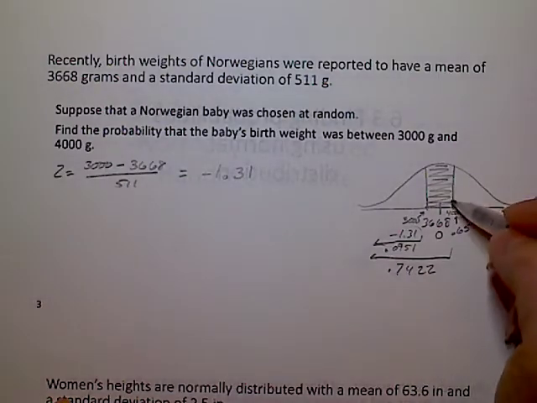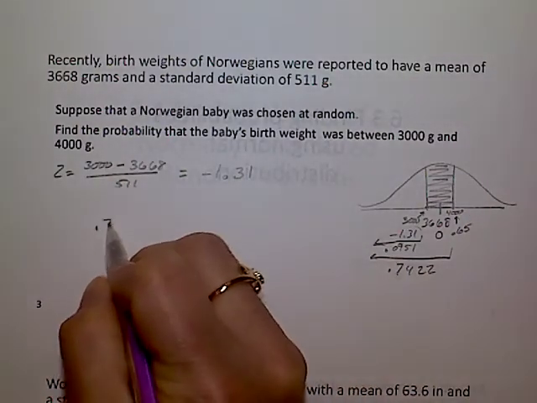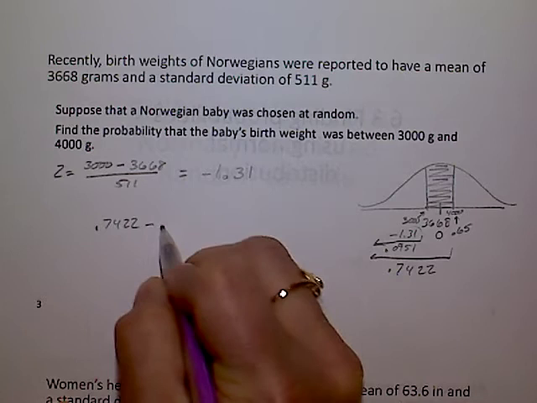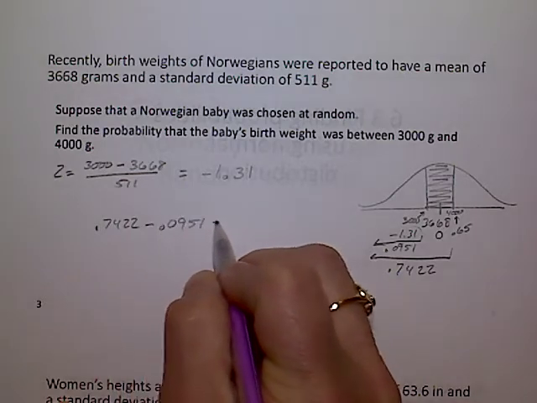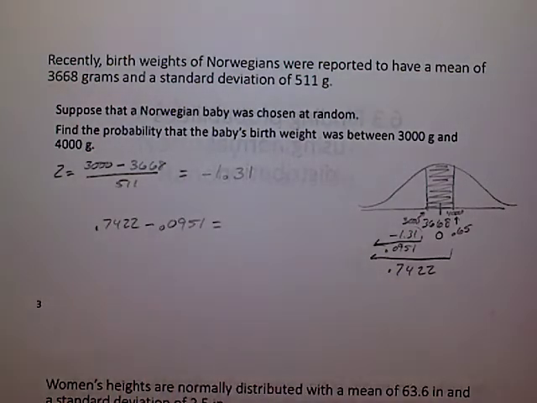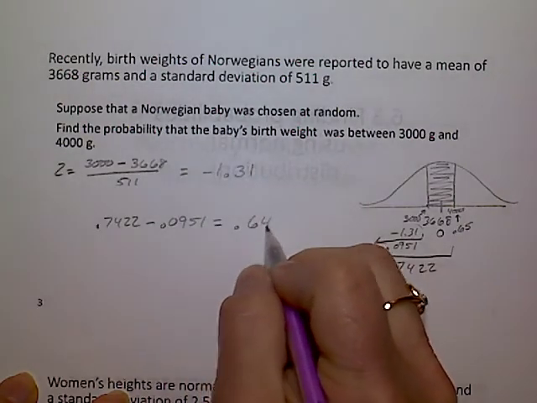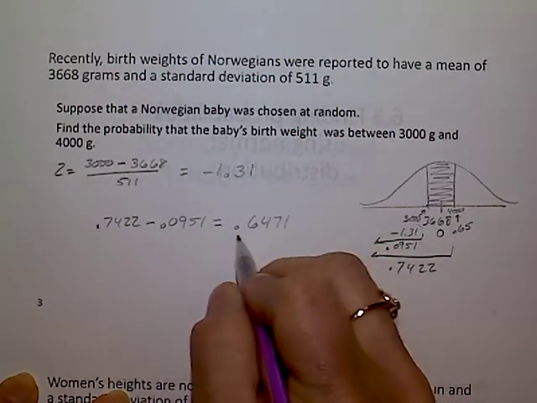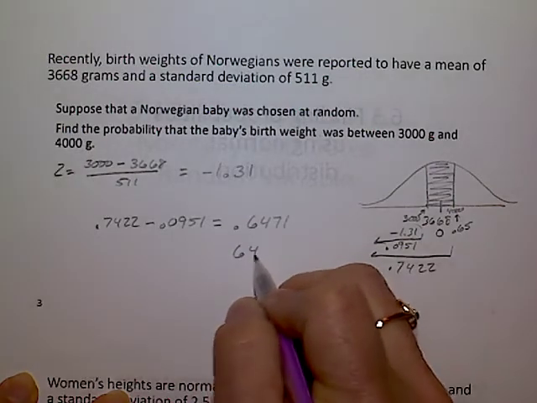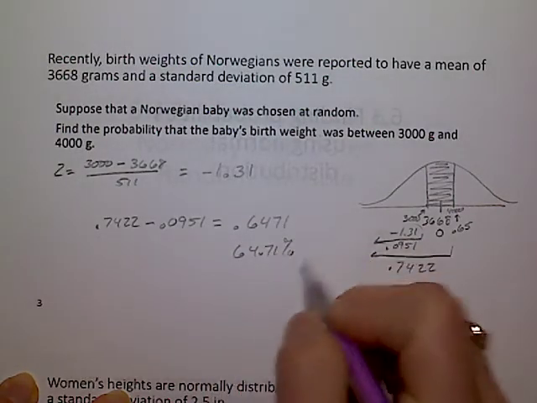I need the amount in between, so we subtract 0.7422 minus 0.0951. That's 0.6471, or about a 64.71% chance. Yay.